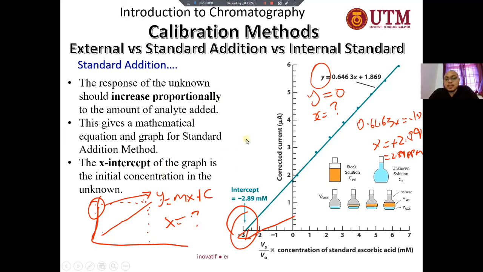But in the standard addition method, it is by looking at the x-intercept, or y equal to 0. Why y equal to 0? Y equal to 0 means that there is no reading, and we refer to the x-intercept. Of course, when y is 0, that is the value of the concentration of our analyte in the unknown solution.